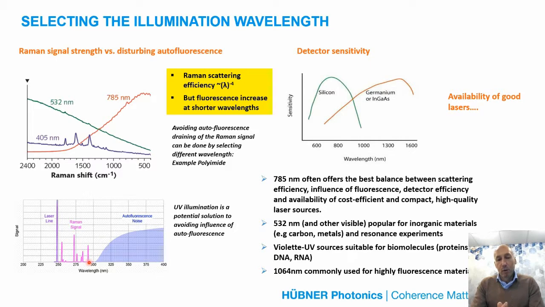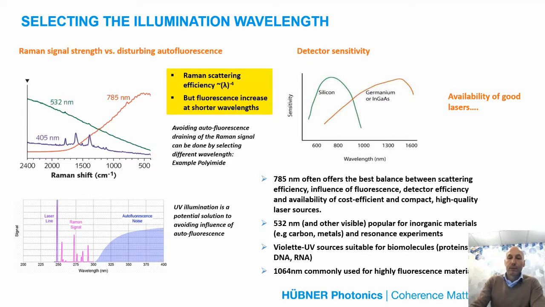Down in the violet and UV, those sources are suitable for biomolecules such as proteins and DNA. And then for the highly fluorescent materials, it's usually necessary to go to longer wavelengths, such as 1064. So these are some of the aspects that impact the choice of the wavelength for Raman spectroscopy.